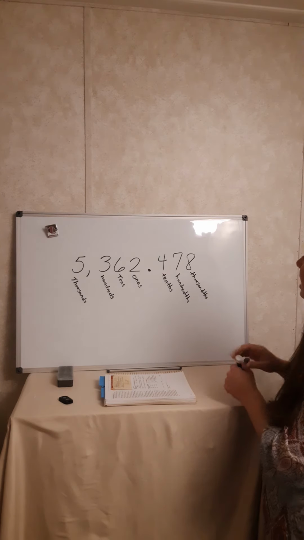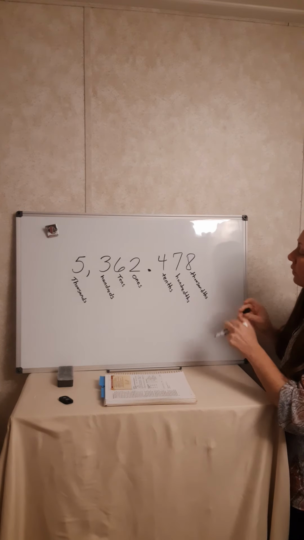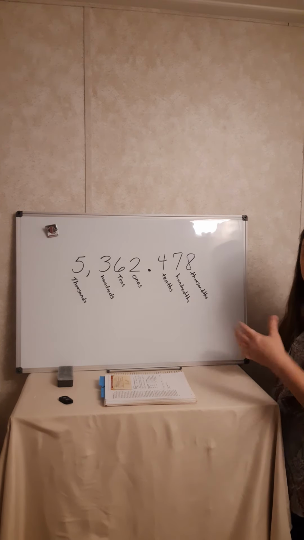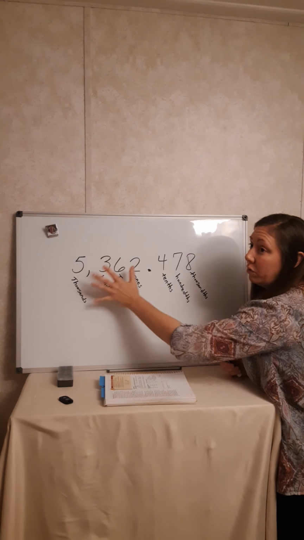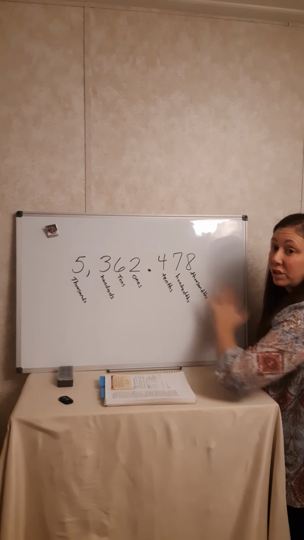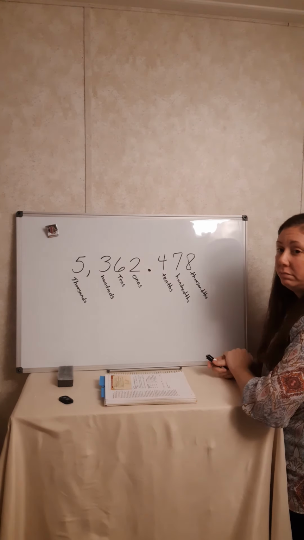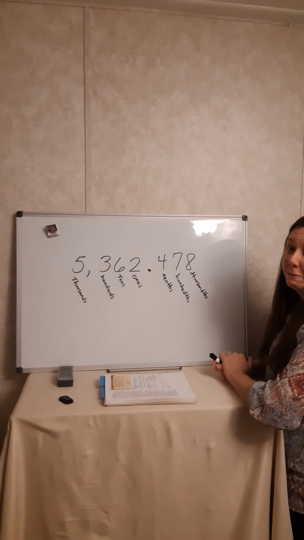Okay, and let me give you an example here. Let's take just the number 4. First of all, let's go over the place value so that you guys understand what we're talking about here. These are whole numbers, on this side. This side is actually fractions. So the right side, behind the decimal, these are actually fractions.